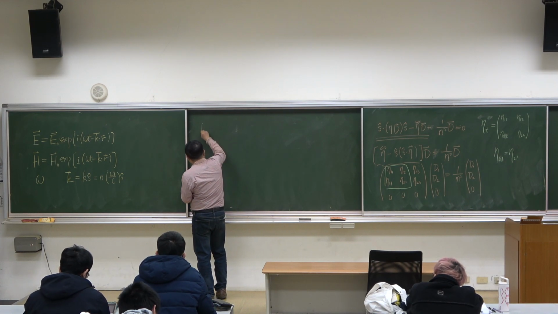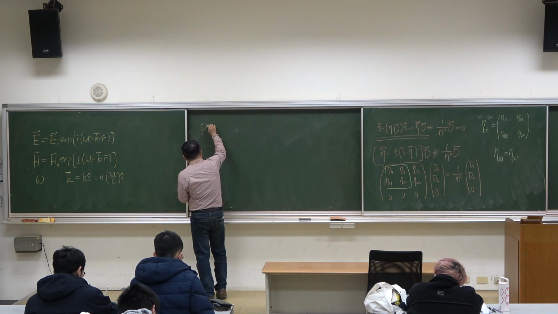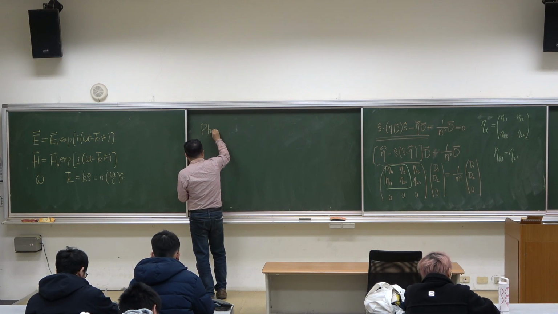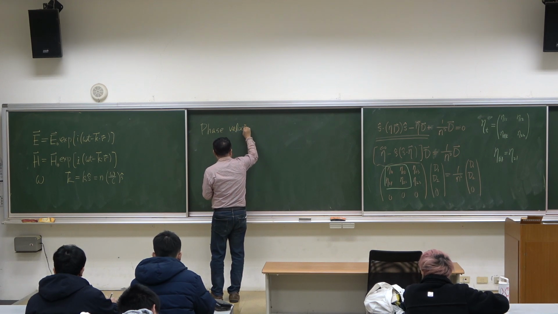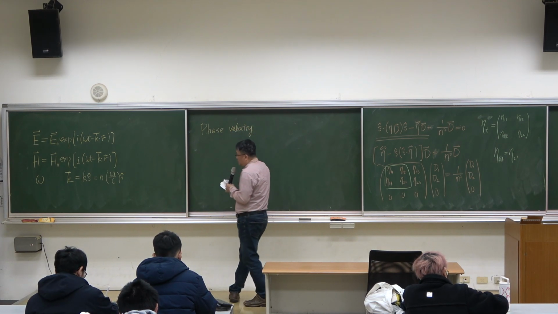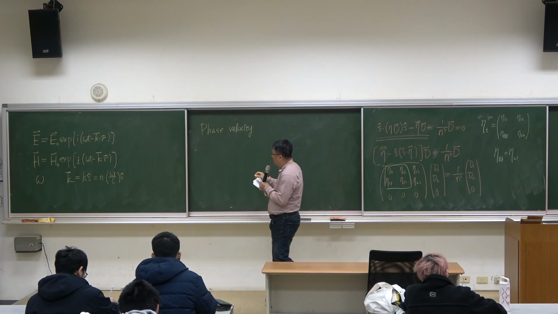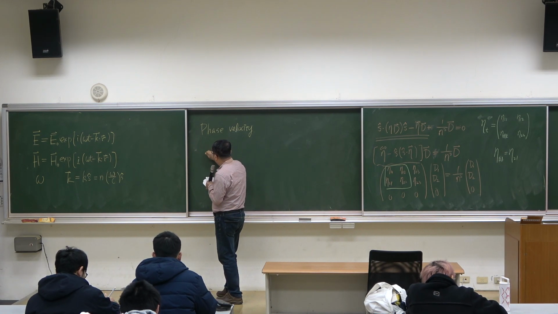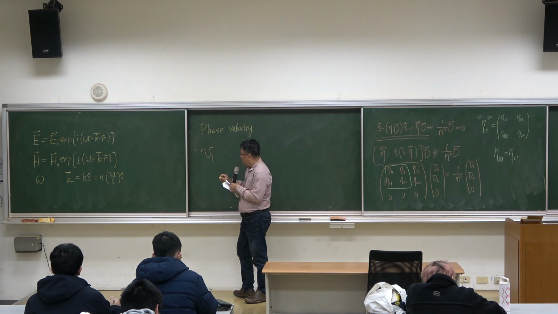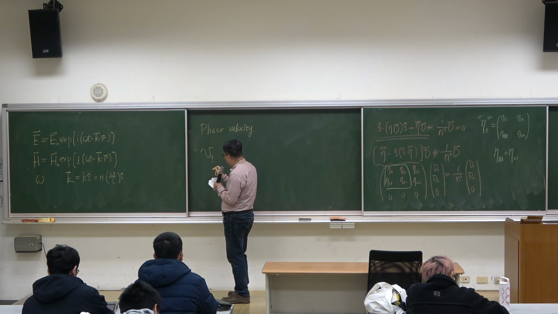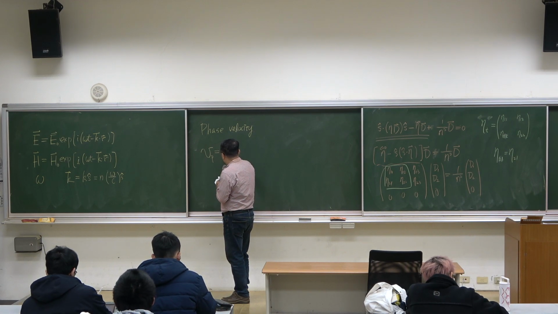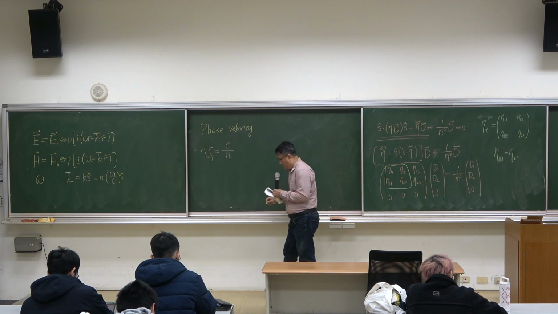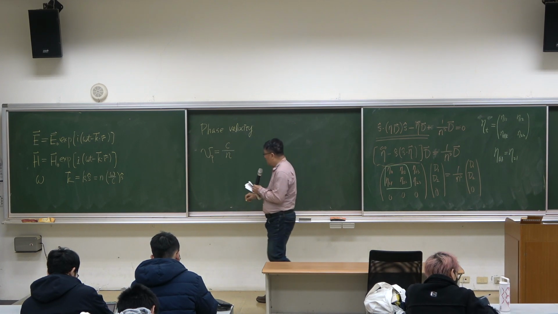So first, we introduce what does phase velocity mean. Phase velocity means that we consider the speed of phase propagation. I denote it as Vp. Vp is just c over n. Okay, c over n.